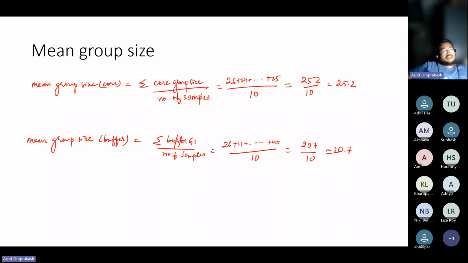So here we note that the mean group size of the buffer region is 20.7, whereas the mean group size of the core region is 25.2.